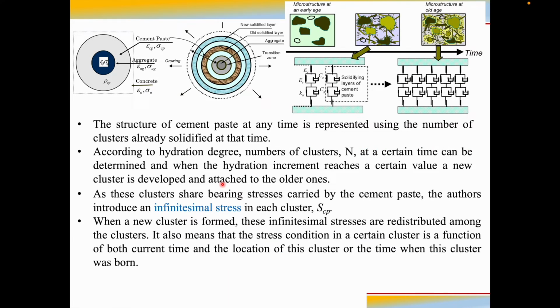Again, the structure of cement paste at any time is represented using the number of clusters already solidified at the time. According to hydration degree, the number of clusters at a certain time can be determined, and when the hydration increment reaches a certain value, a new cluster is developed and attached to the older ones.